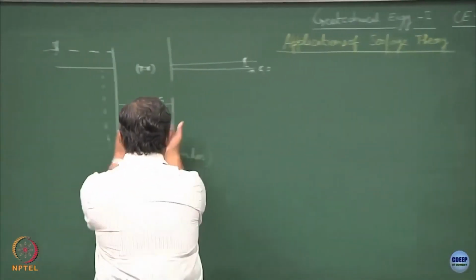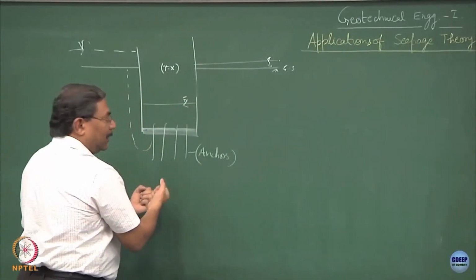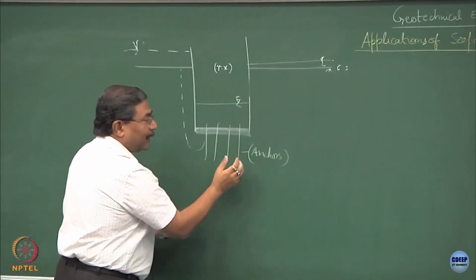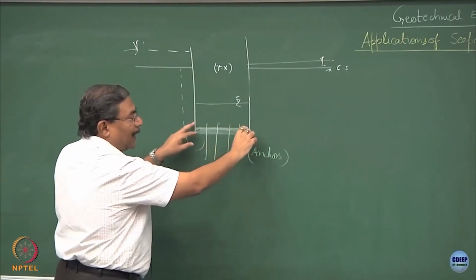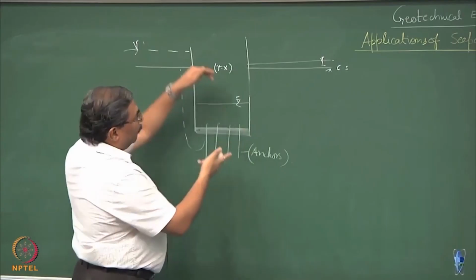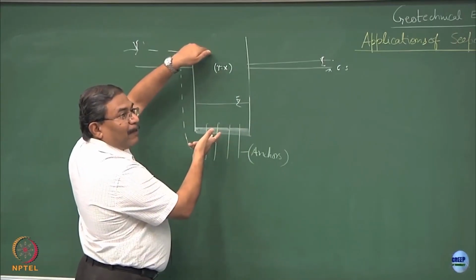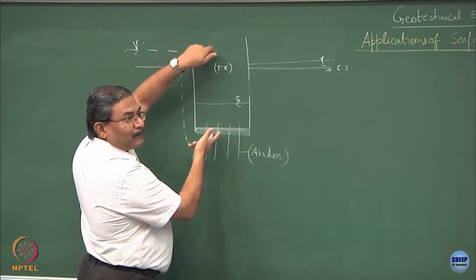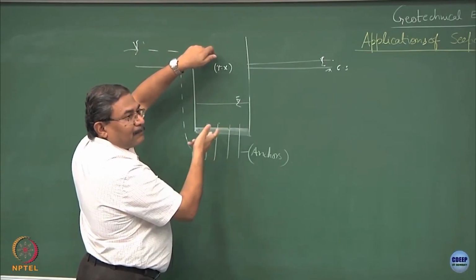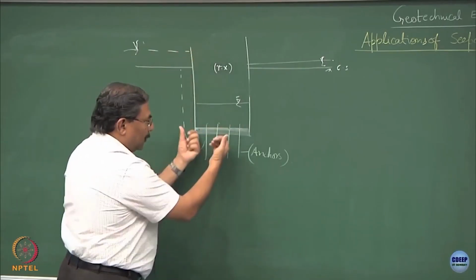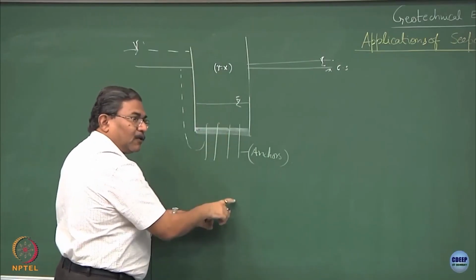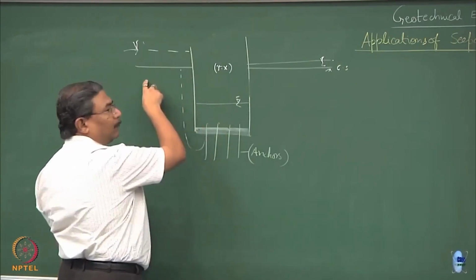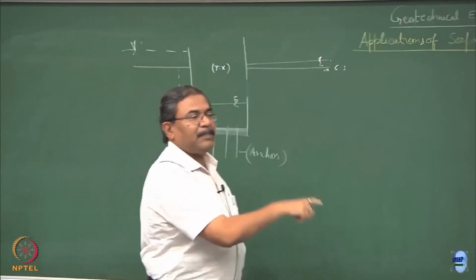They are going to hold the raft always, and this much of the pressure is going to get added up to the weight of the system, because 9 kilonewton per meter cube multiplied with the x is not going to compensate for 25 into x value, sorry 16 times x value. So, in order to keep this holding, I can put anchors also, but anchors are not going to be helpful as far as the sheet pile, seepage is concerned.